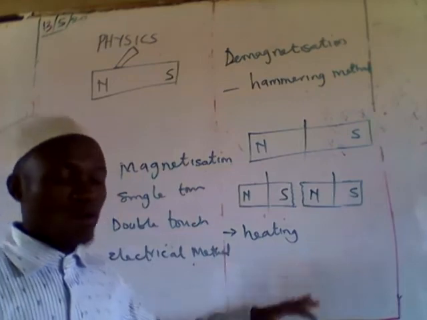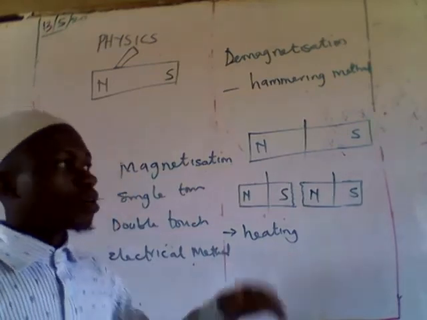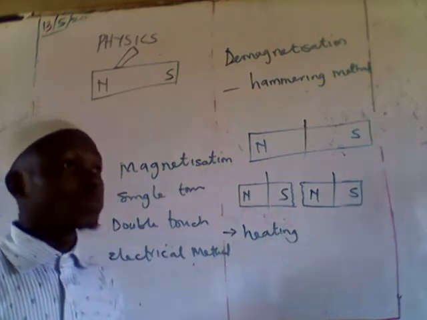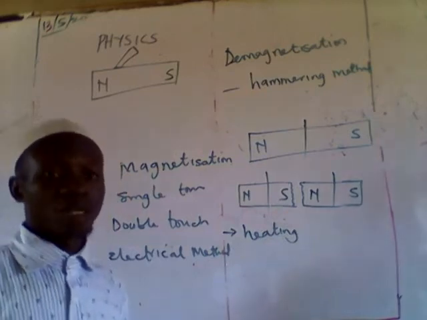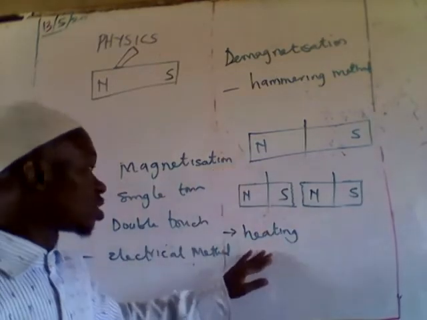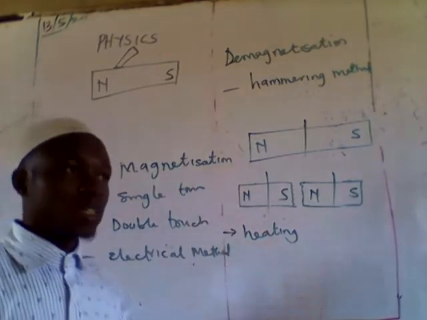If you have the opportunity to try it, continuously boil a magnet inside water, and you will see that it will fail to attract any piece of material again. So one of the methods of demagnetization is called the heating method.